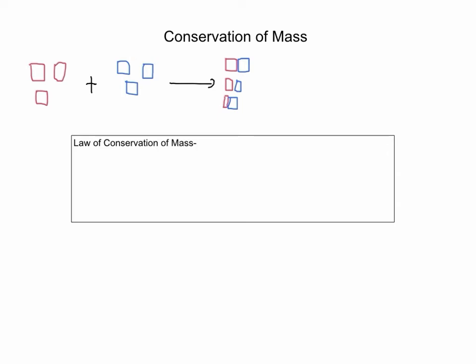And this says that in a chemical reaction, or during a chemical reaction, matter cannot be created or destroyed. The atoms just get rearranged. So, during a chemical reaction, matter cannot be created or destroyed. The atoms just get rearranged.